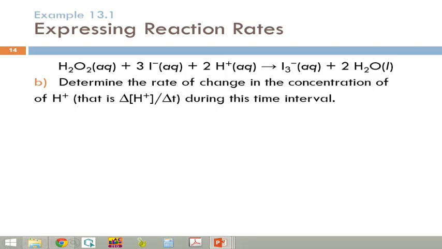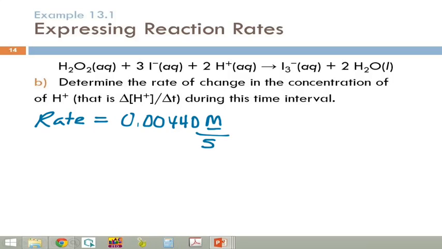So part B is determine the rate of change in the concentration of H plus during that time interval. So this is dependent on the information from part A. So in part A, we found that the rate was equal to 0.00440 molarity per second.